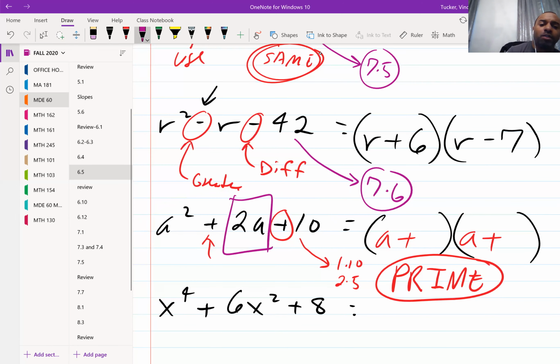So you have to ask yourself what factors of 10 can add together to give you that 2 right there. And that's not going to happen. If you put a 1 and a 10 there, you'd get 11 in the middle. 2 and 5 will give you 7 in the middle. So there's nothing that will give you that trinomial. So it's prime. It's not factorable. Okay.